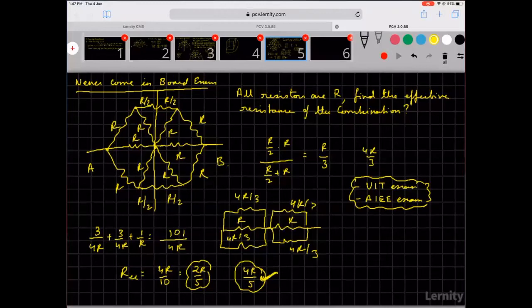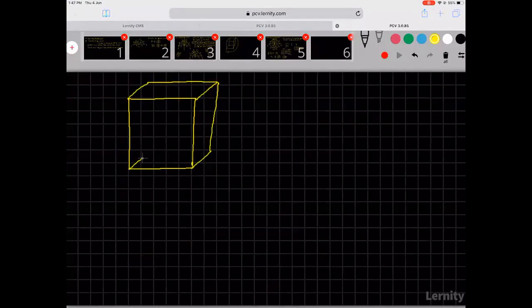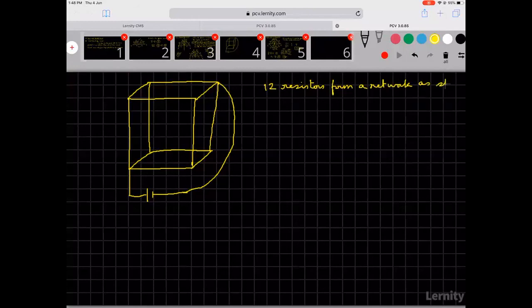Next, I am forced to look at a question which is there in the NCERT textbook. So I'm going to answer this question. There is a cube like this. This is there in the solved example in the NCERT textbook. So I am looking at that and then I am trying to answer. The question is like this: 12 resistors form a network as shown.